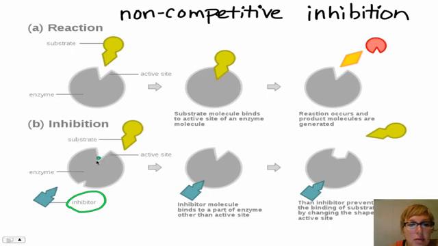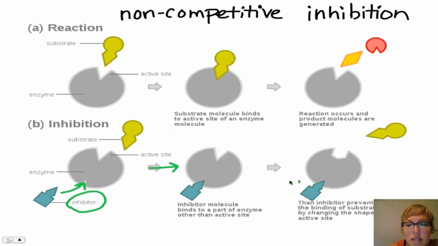the active site. What it does is it goes to another part of an enzyme, and here's a picture of it right here. So it binds to a part of an enzyme other than this active site, okay?